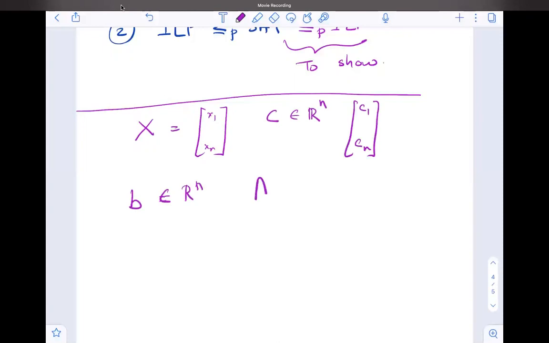And I have a matrix, which is in R to the power m cross n.